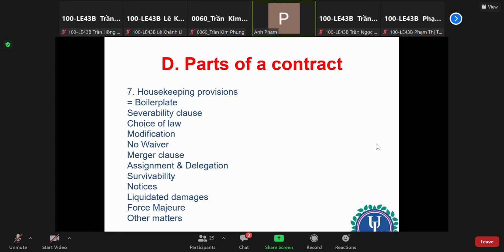And survivability. They usually say that Article 2 or Article 9 survives the termination of the contract, which means that even if the contract expires, the survivability clause and the other clauses provided in it still take effect, still alive.